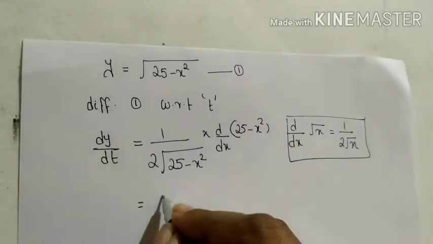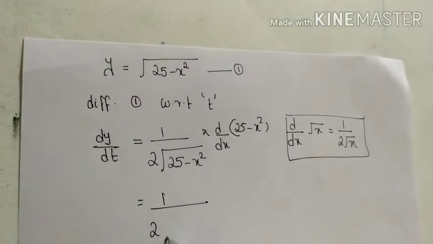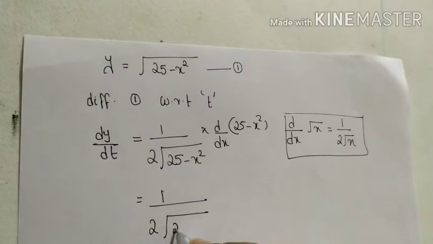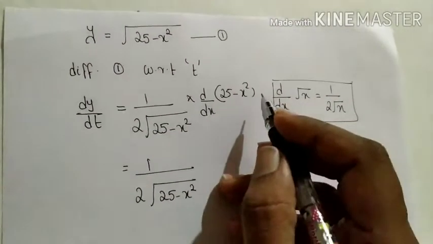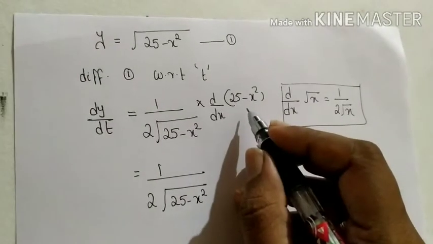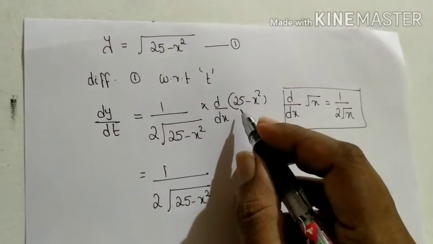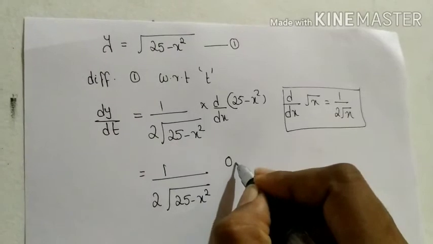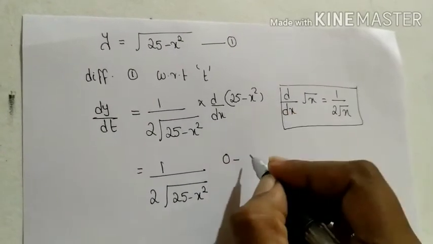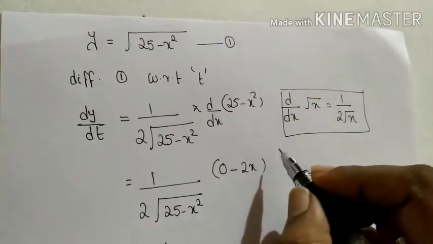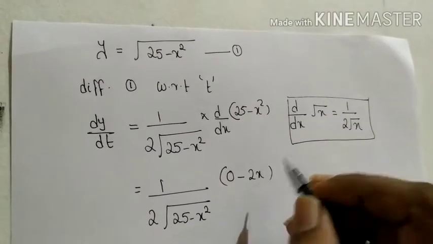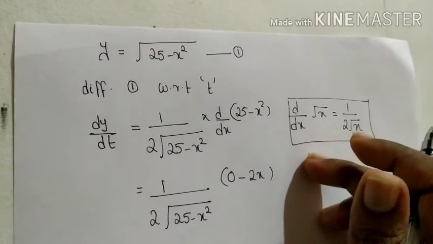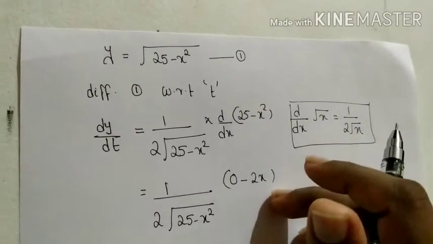Okay, so this further equals 1 by 2 root 25 minus x square into derivative of 25. 25 is a constant, right? So derivative of a constant is equal to 0. 0 minus derivative of x square is 2x. Here x is another function, so we need to use the chain rule again.